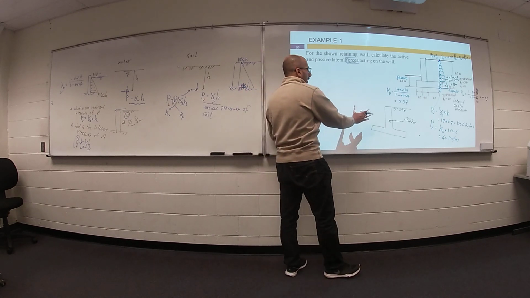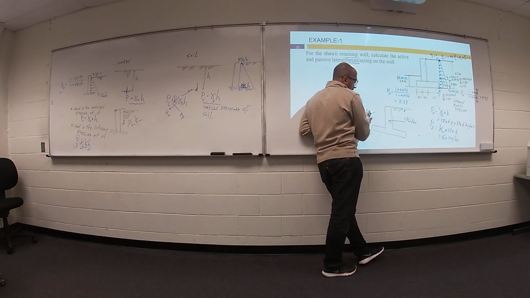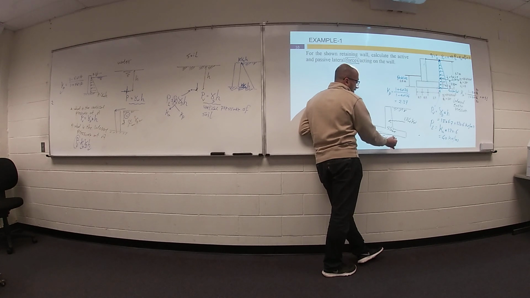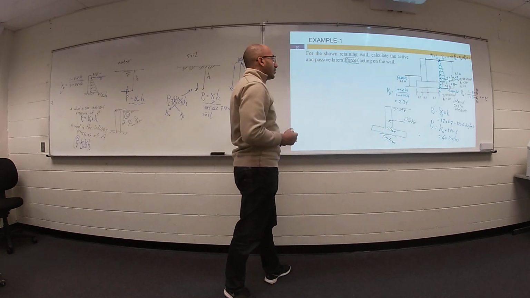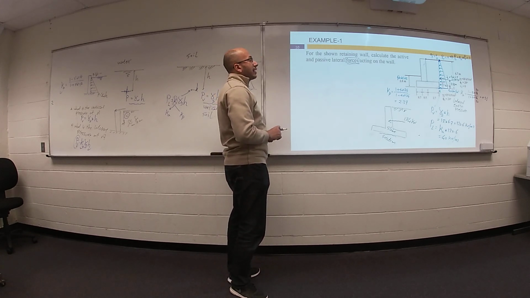If you don't have anything on the other side, I believe this force will push this retaining wall to move, to slide. You have only some friction here, maybe not enough. We will talk about sliding and overturning in the next slide.